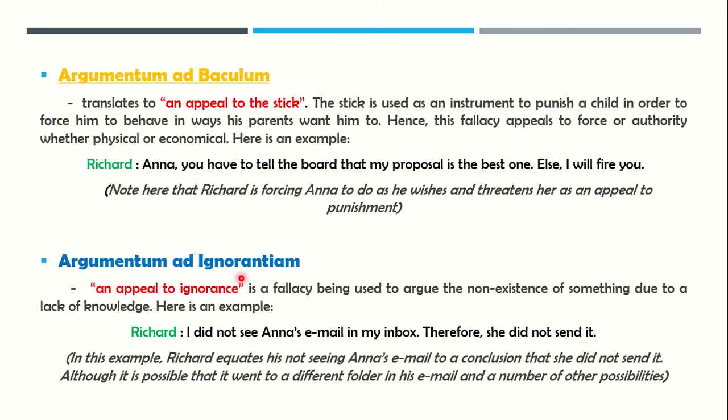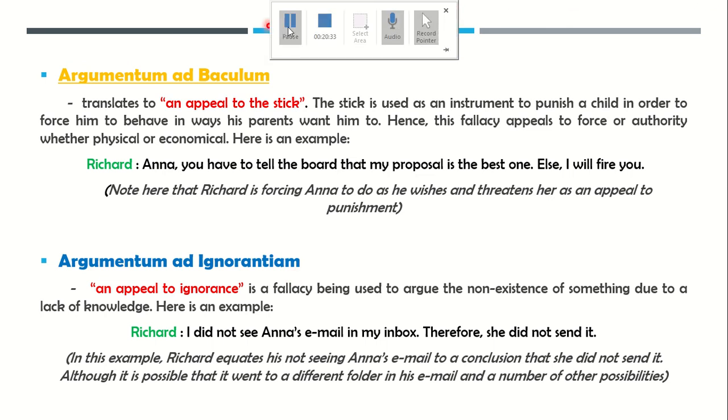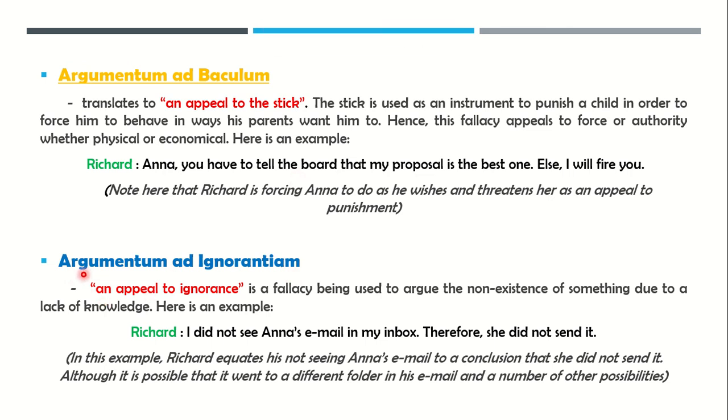So mao na siya pasabot, class, argumentum ad ignorantiam. Alright, so always remember, class, basta argumentum ad ignorantiam gani, we're trying to make an argument or a conclusion even if we lack knowledge of something else. Okay, now next.